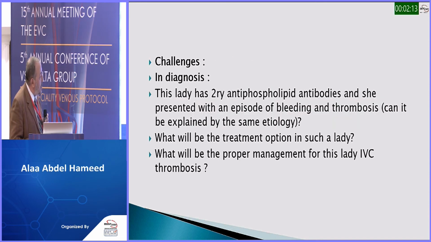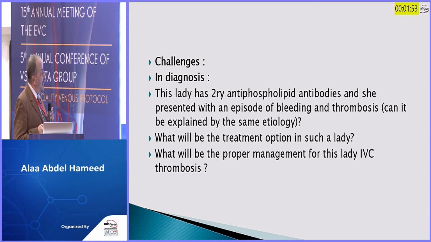So what are the challenges we face in this case? Number one, this case was misdiagnosed at the first presentation because she had dilated tortuous veins over the anterior chest wall and anterior abdominal wall, and nobody discovered the problem of her IVC.